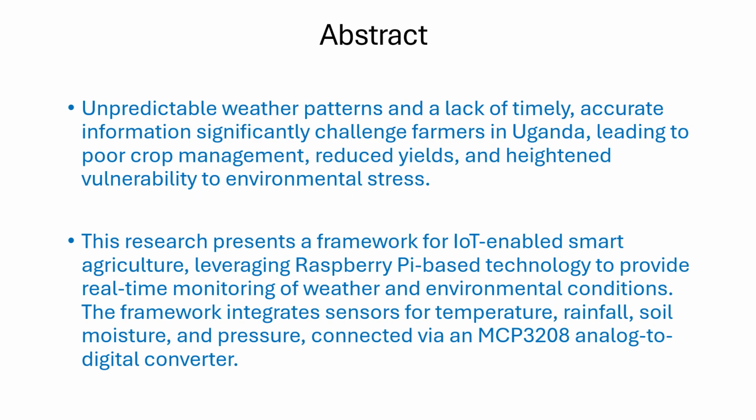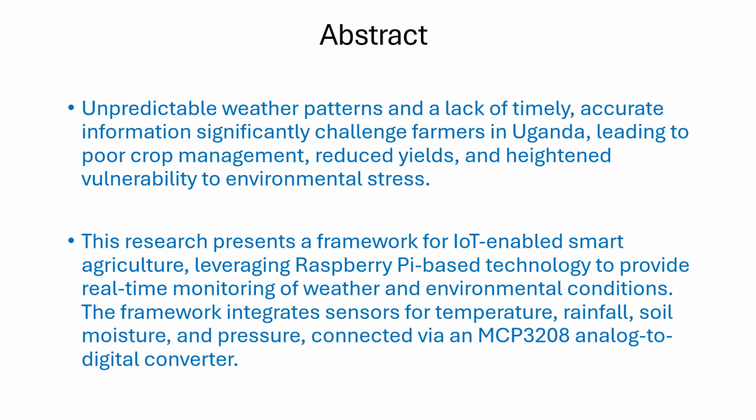The abstract: unpredictable weather patterns and a lack of timely, accurate information in Uganda, a country where the weather patterns were unpredictable. Farmers were not getting the information on a timely basis whenever they wanted, so it was difficult for them to check the weather patterns.